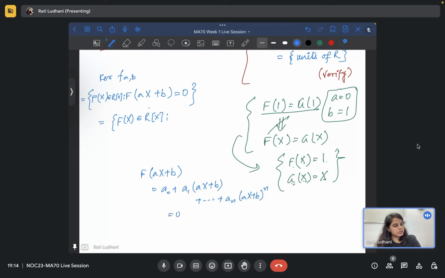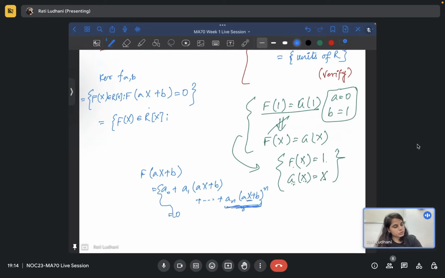That means you can argue at this point, if f is a non-constant polynomial, with n the degree, then this is equal to 0, so the coefficient of the highest degree term, x raised to power n, has to be 0.